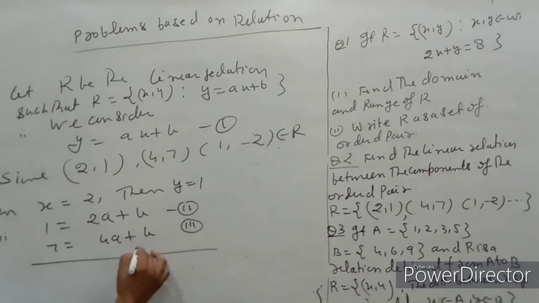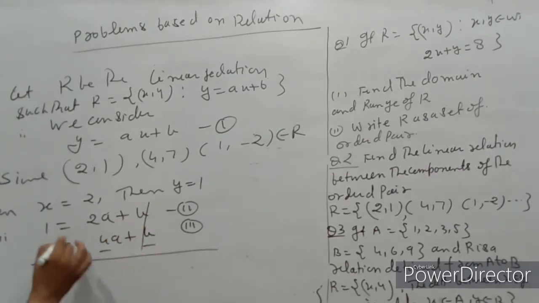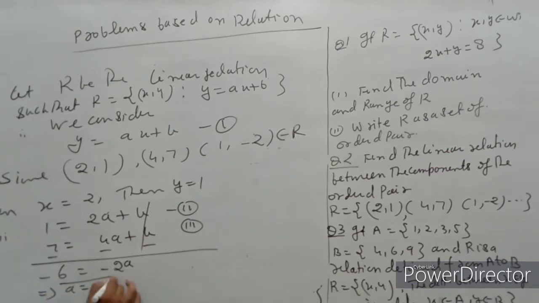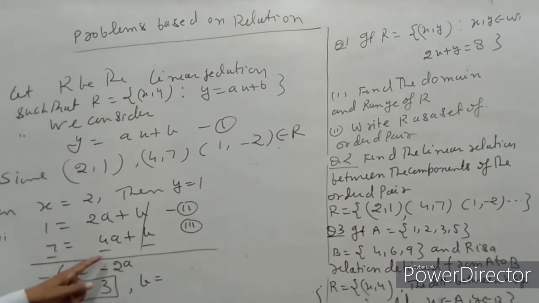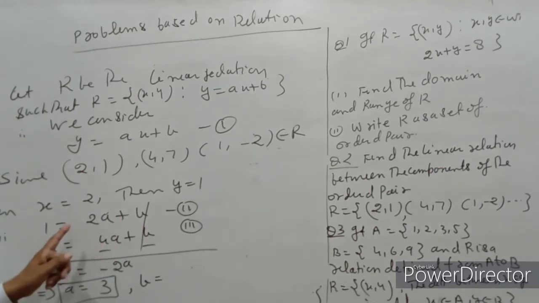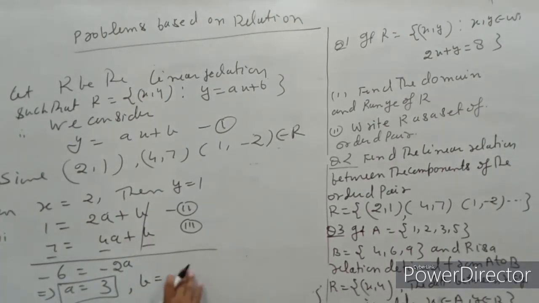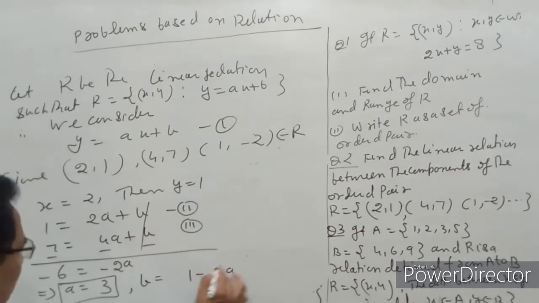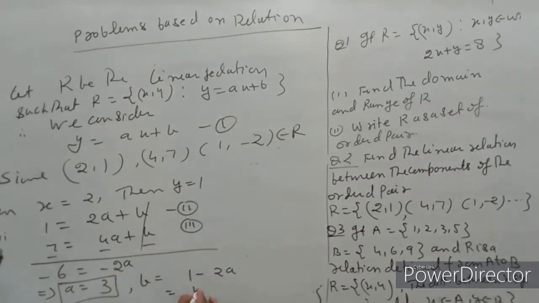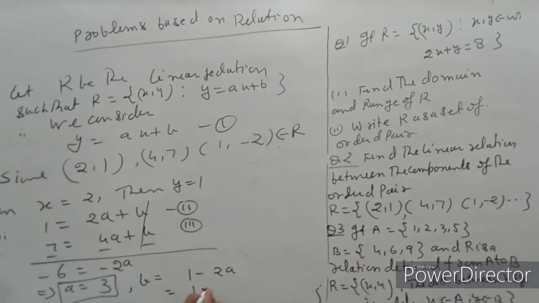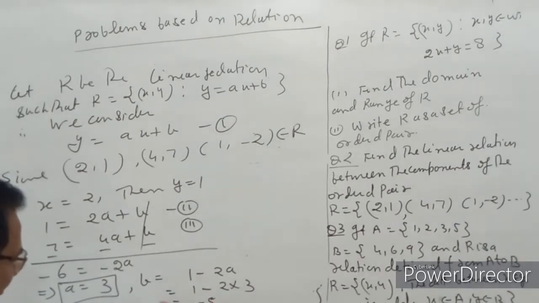अगर हम इन दोनों इक्वेशंस को सबट्रैक्ट करें तो we get here -6 is equal to -2a, or a is equal to 3. And b is equal to, हमारे पास आ जाएगा, b की वैल्यू आ जाएगी 1 minus 2a, and this is equal to 1 minus 2 into 3, or that is 1 minus 6, or minus 5.